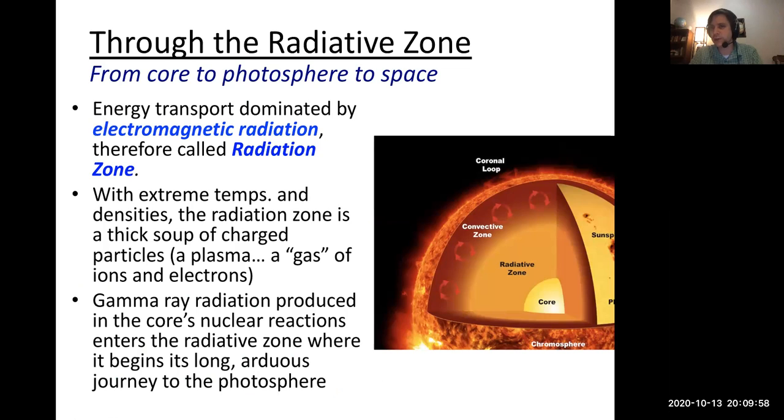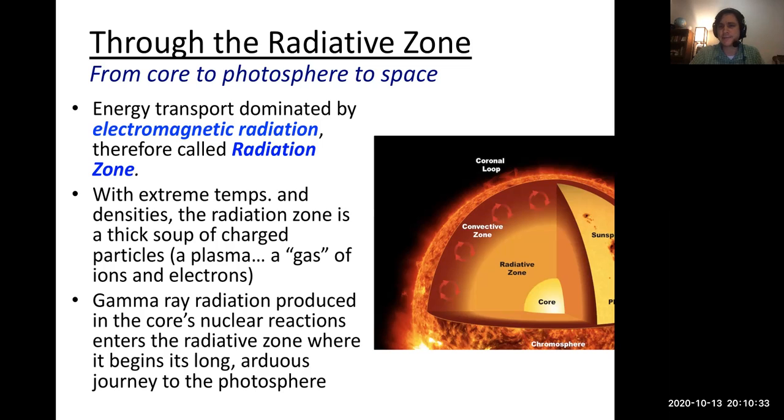Since the density is really high, they're all packed really close together, so light is traveling through a kind of thick soup of plasma. Remember, plasma is just a gas made of ions and electrons: the atoms that have had their electrons removed, and the electrons that have been removed.